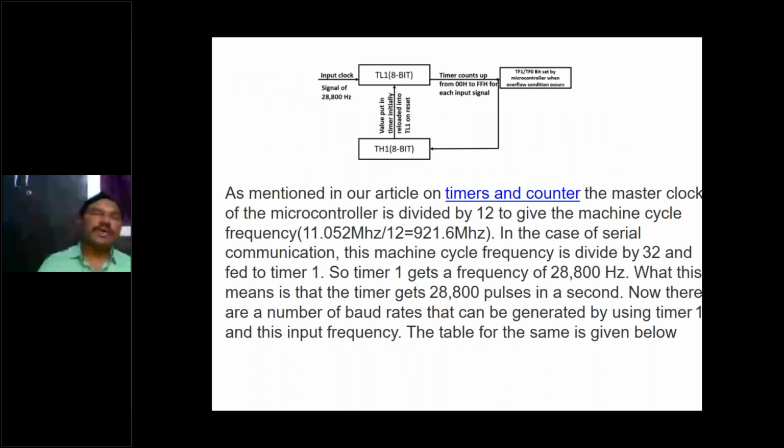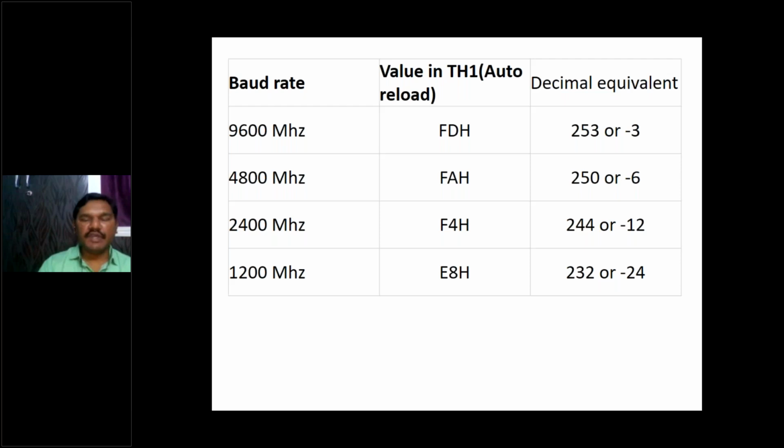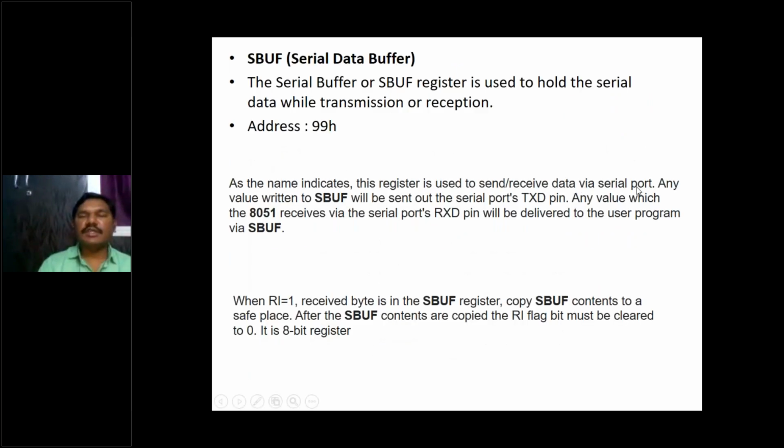So what is SBUF? SBUF is nothing but the serial data buffer. This is available at the TXD pin and RXD pin. It is not only one SBUF; we have two SBUFs here. As the name indicates, this register is used to send or receive data via the serial port.